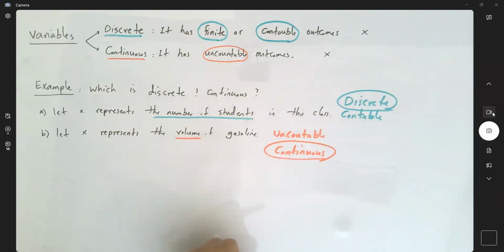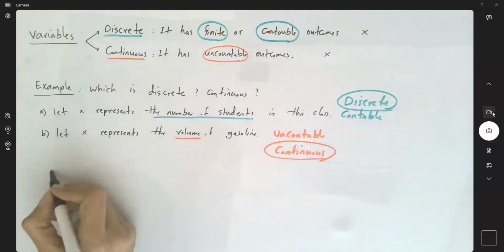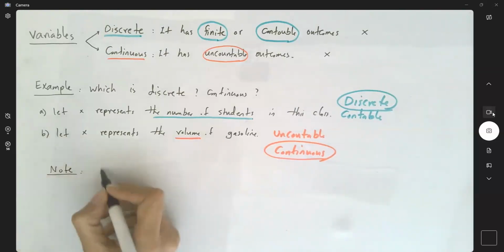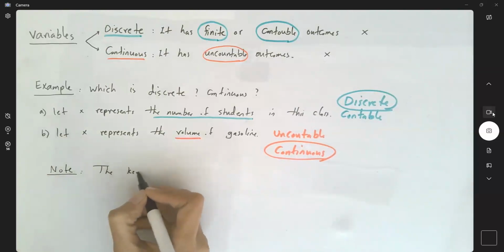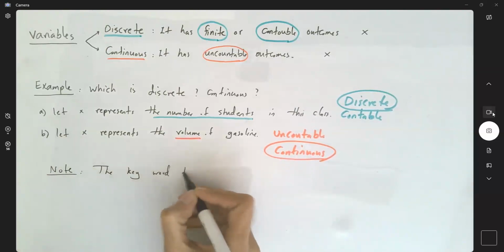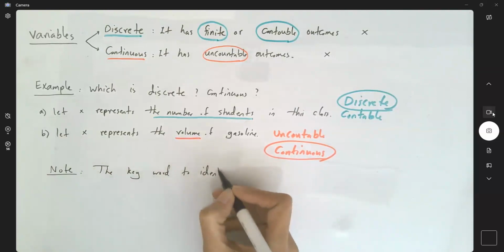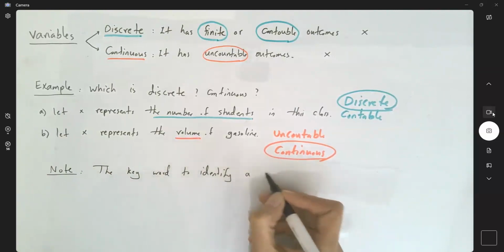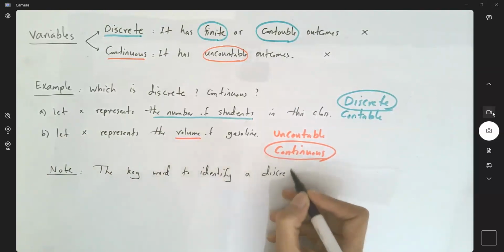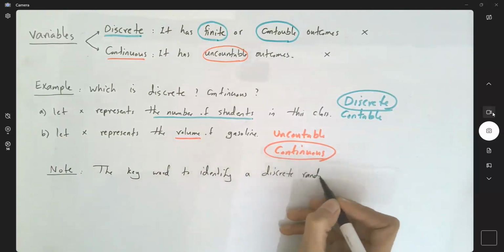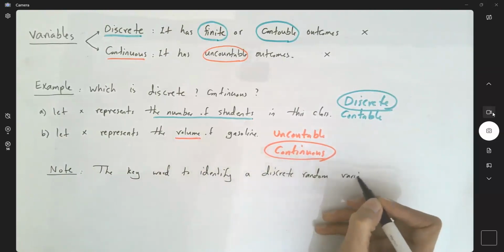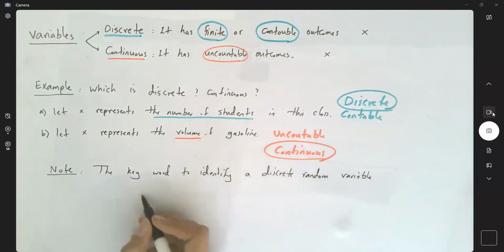random variable. So remember the keyword, let me write a note here for you. The keyword to identify a discrete random variable is the number of.